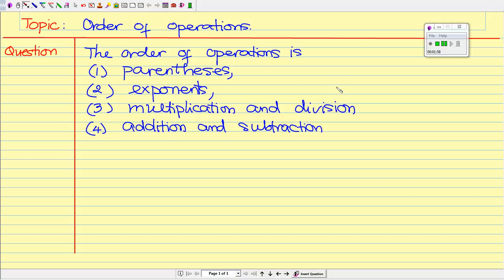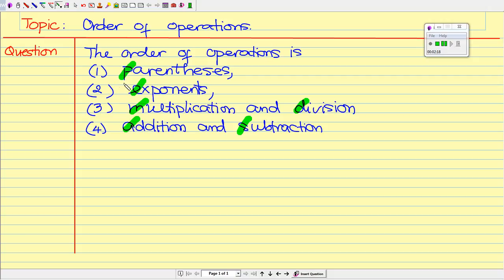Now, in order to remember the order of operation correctly, let's go ahead and pick the first letters of each operation.